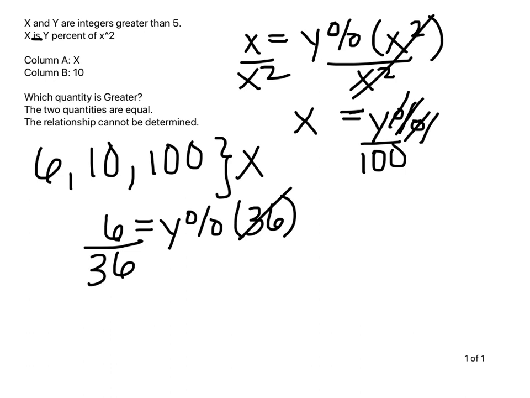And if you don't want to do that in your head, you can just plug it into a calculator, and that would give you 1/6, right? So let's go ahead and simplify this into 1/6, and as a decimal that would obviously not be greater than 5, so that's not possible.